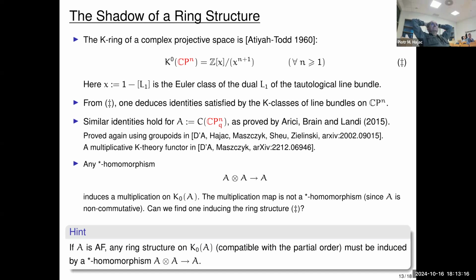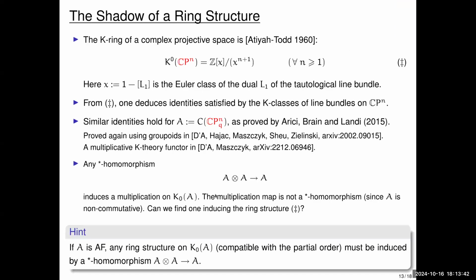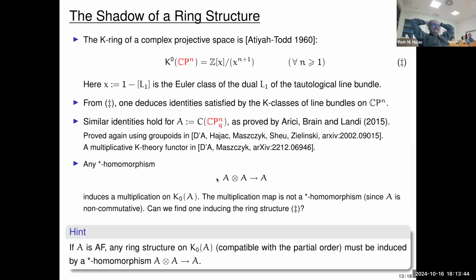Version 1 is on arXiv, and I think we are working on maybe version 17, the next 16 are only on Dropbox, so you cannot see them. Still, version 1 will give you a good idea of what we are talking about. Okay, but here is just my naive question: a star homomorphism inducing this ring structure.